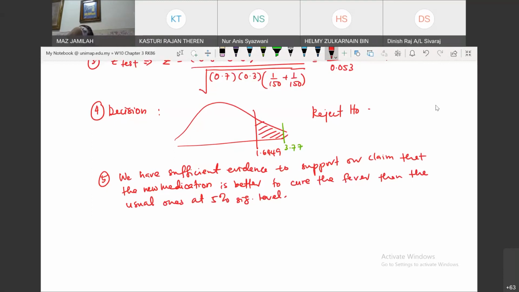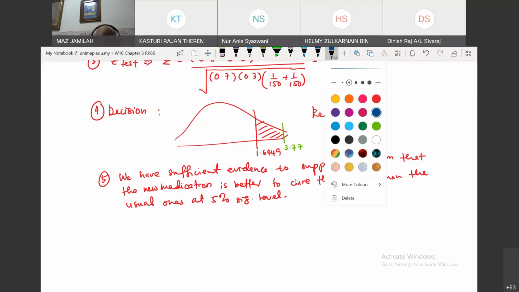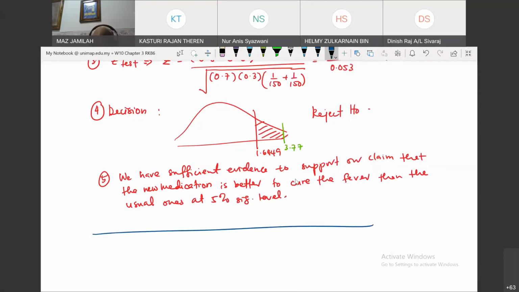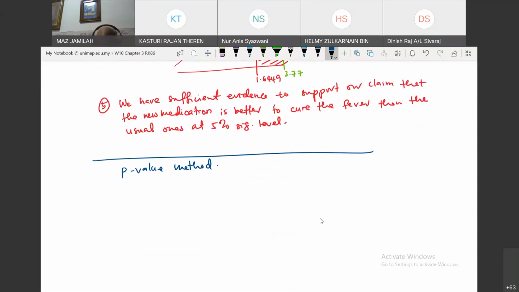Okay. Now you have another question over there. Use the p-value method, as an additional exercise. So let's say we are using the p-value method. Now for the p-value method, we know that the statement of hypothesis is still the same.